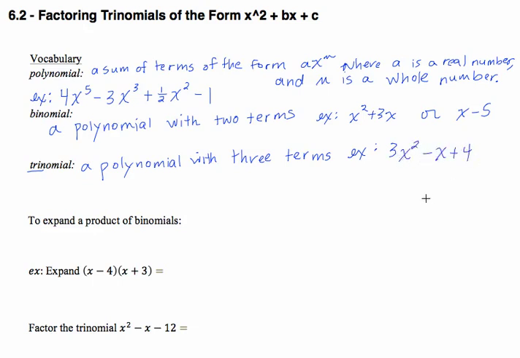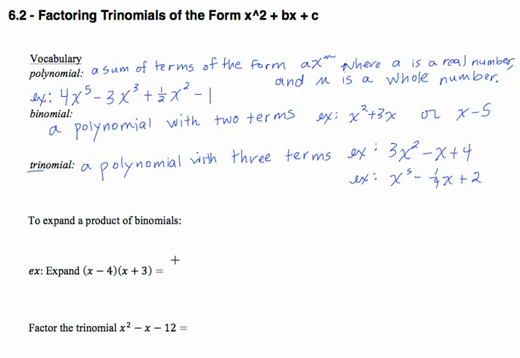There's 1, 2, 3 terms there. But you could also have something like this, x to the 5th minus 4x plus 2. That's a trinomial as well because even though it has x to the 5th, there's still 1, 2, 3 terms on it. So, okay, there's your vocabulary lesson.